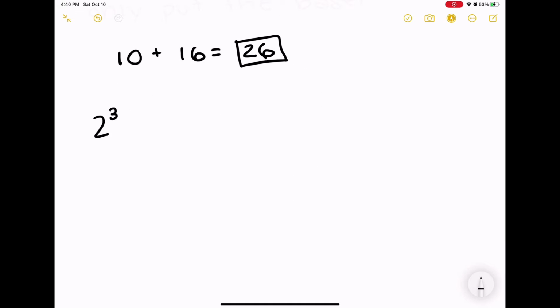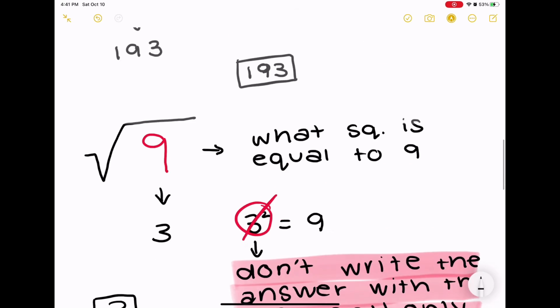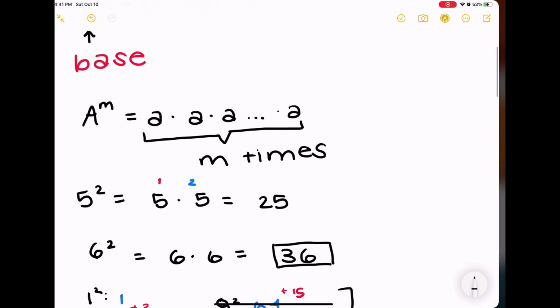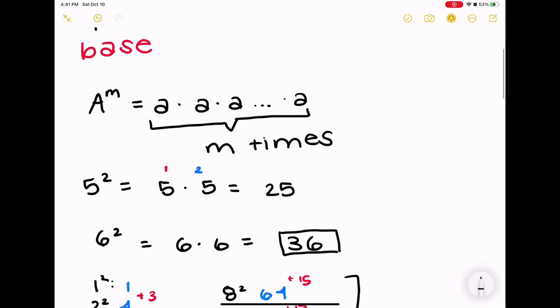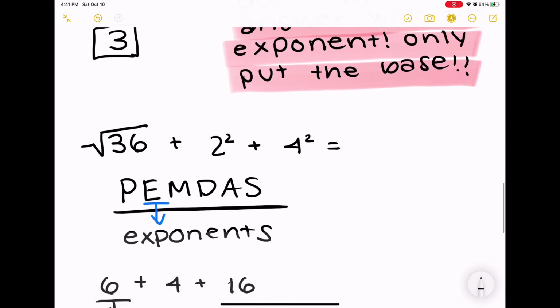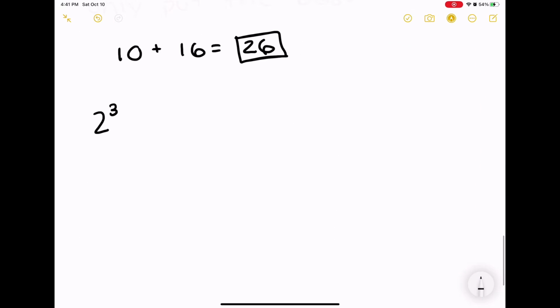Now, let's talk about cubing numbers. It's just like how we did before. You're going to take the number and multiply it, instead of 2 this time, by 3. So you're basically applying the same fundamental concept, but with different numbers.